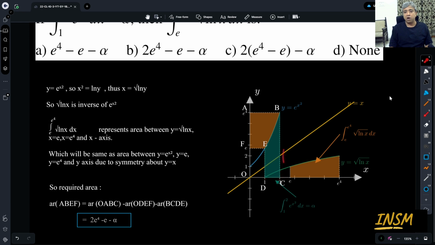The area of the small rectangle would be e, because this is 1 and the vertical height is e. So minus e, and minus this green area, which is given to you as alpha. So our final answer would be 2e to the power 4 minus e minus alpha.